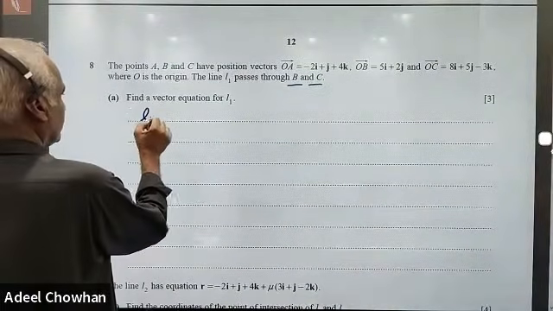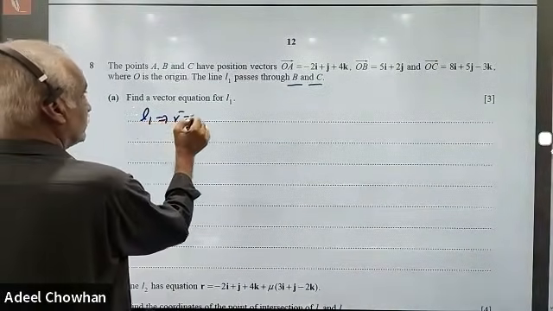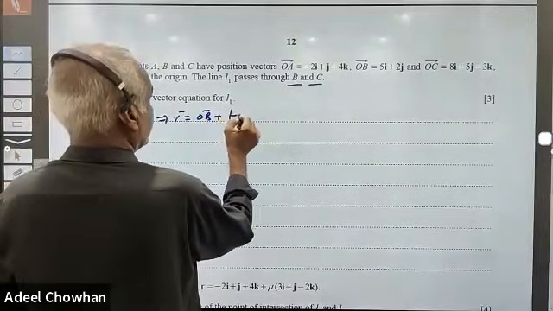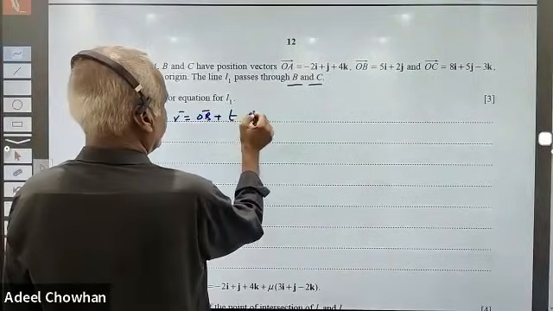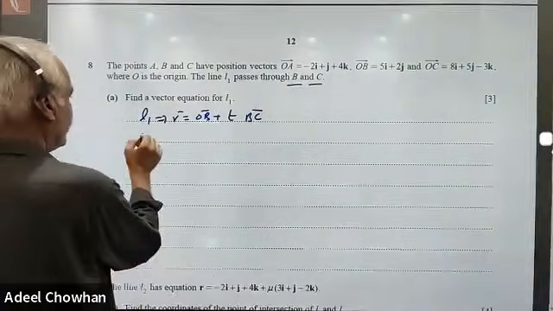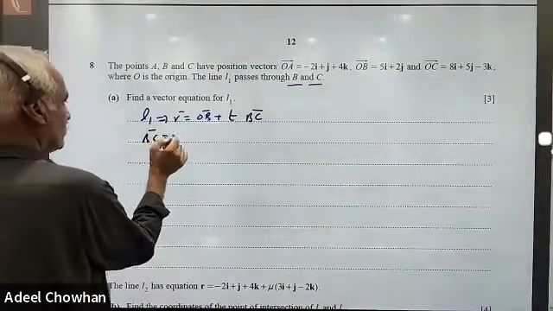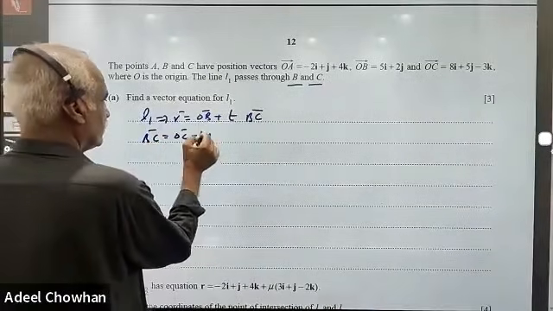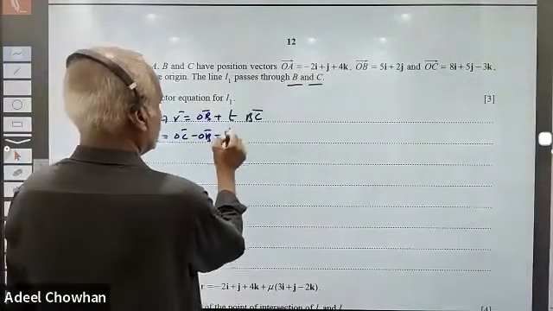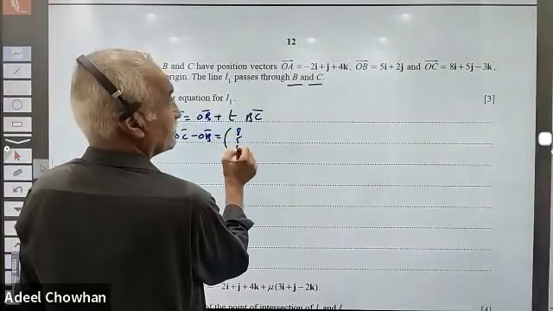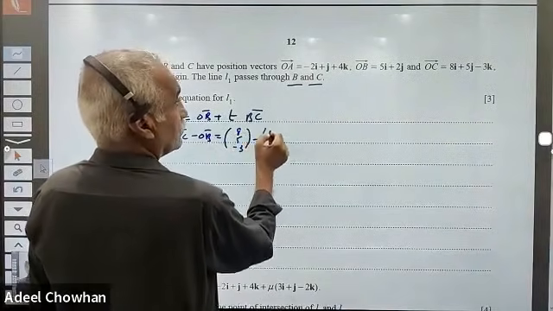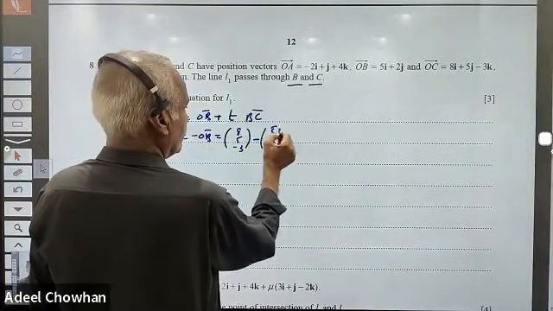So L1 is basically equal to r is equal to OB plus t times BC, because it is passing through the points B and C. So BC will be equal to OC minus OB. OC is basically 8, 5, minus 3, minus OB, which is 5, 2, 0.